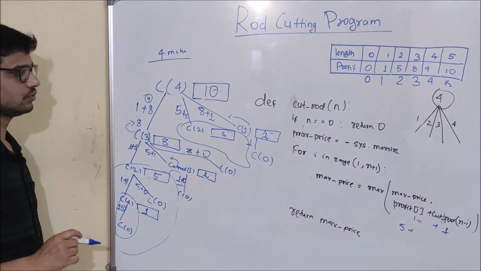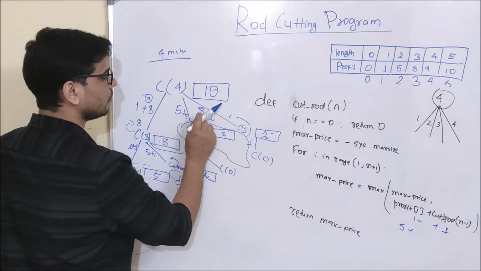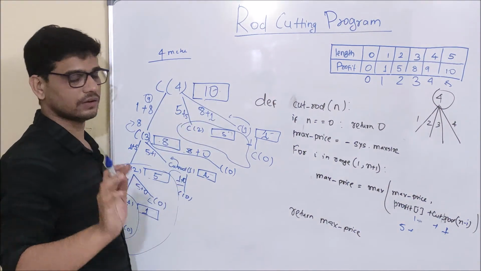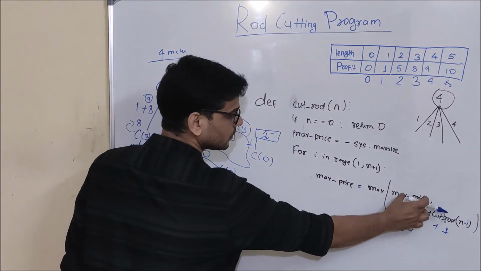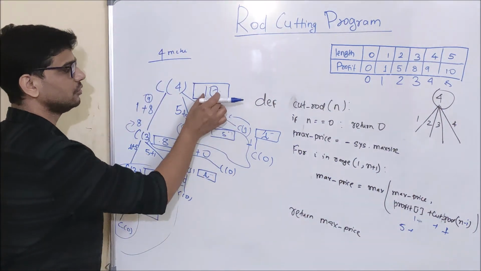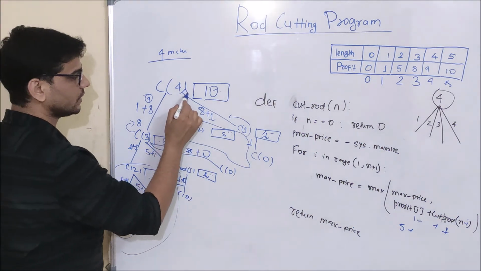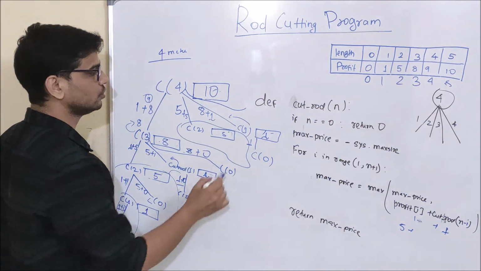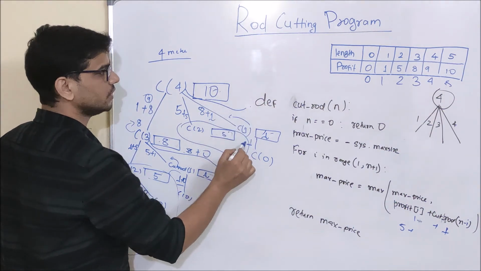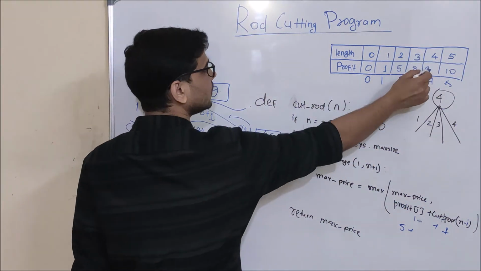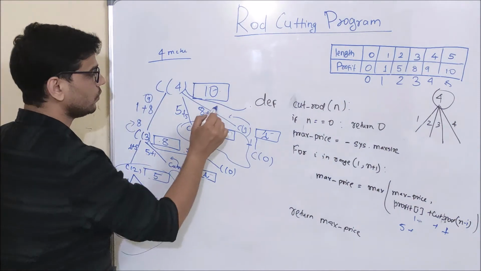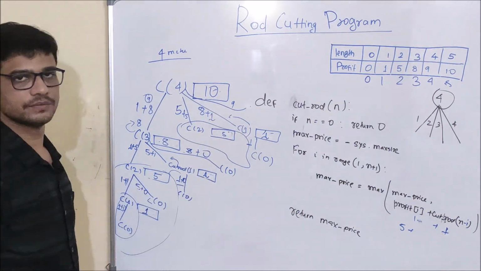That is for i equal to 3. And again it will check whether 8 plus 1 is greater than 10 or not, that is this particular thing and this particular thing. As you can see here, max price is greater, so we are not going to update it. And at last we will give a cut of 4 meter, and when we give a cut of 4 meter, we will have a profit of 9 units.